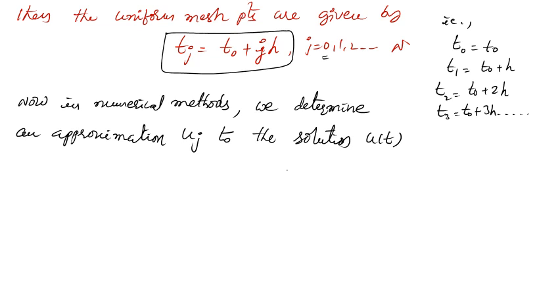What is this? Uj is an approximation to the original solution u of t at the point tj.